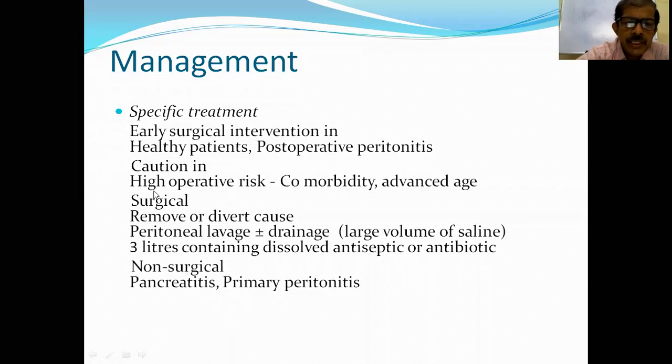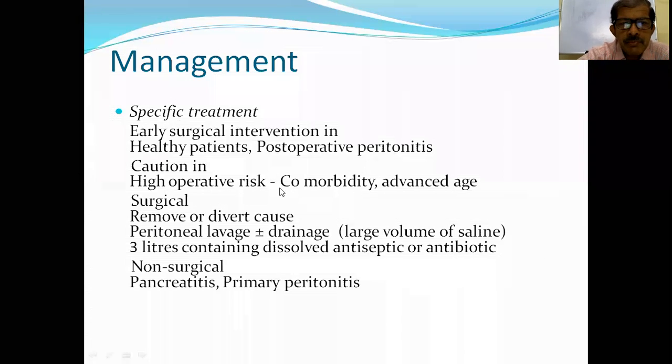What is important, more than all these things, is the peritoneal lavage. That is most important in peritonitis. So at least 3 liters, that means 6 half bottles of saline, very, very important. The peritoneal lavage can contain dissolved antibiotic also.